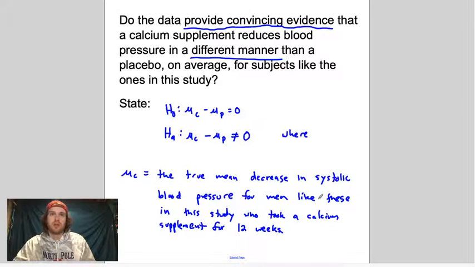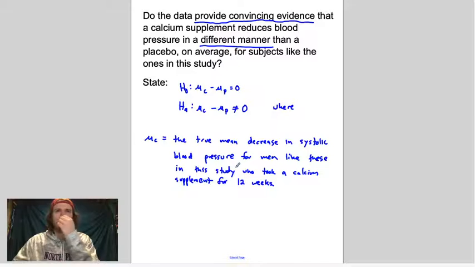So in order for men like these in the study, okay. Yeah, let's go ahead and move on. I think I could have phrased that a little bit better. For men like these, yeah, that's fine.